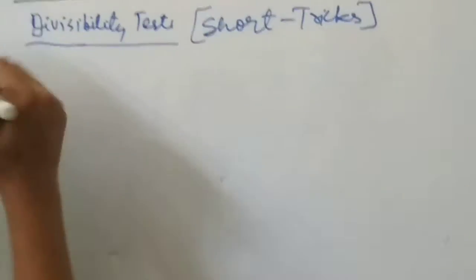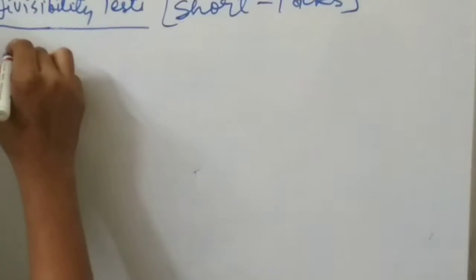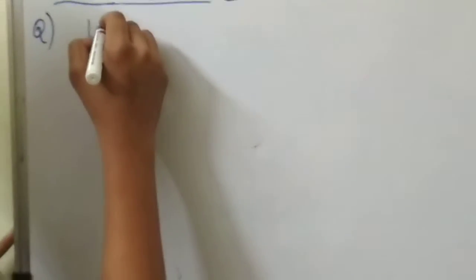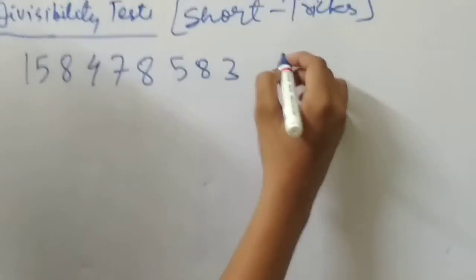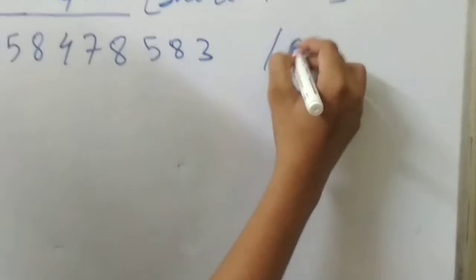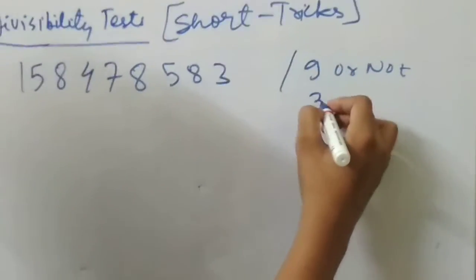Now I will solve some questions. Your question says 158478583: check whether this number is divisible by 9 or not. And if it is not, then check for 3.